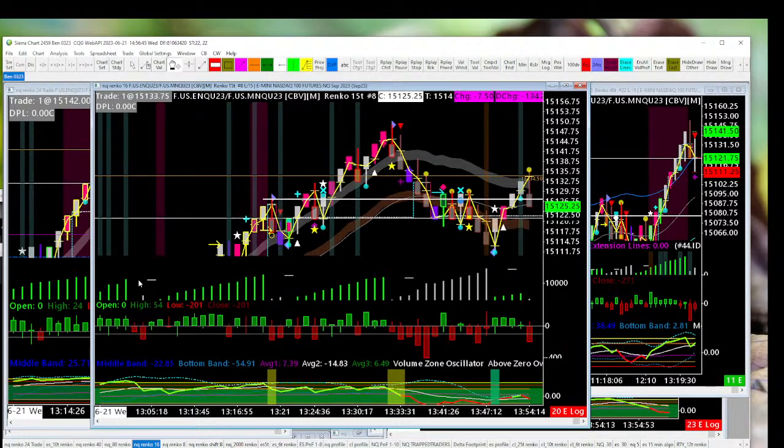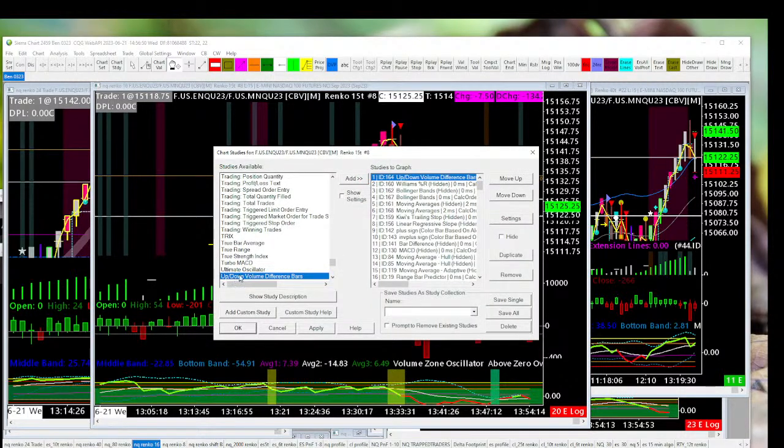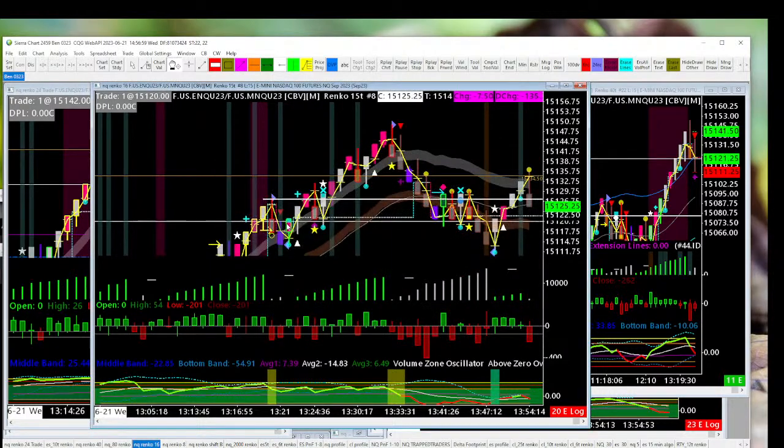If you have Sierra Chart, under studies, you can actually find up-down volume difference bars in the default studies that are available for anybody to use. So that in and of itself is just a free indicator.